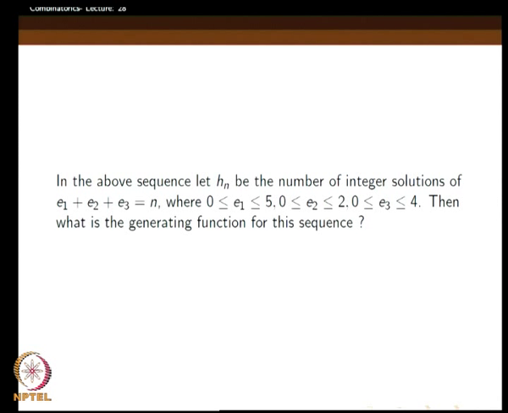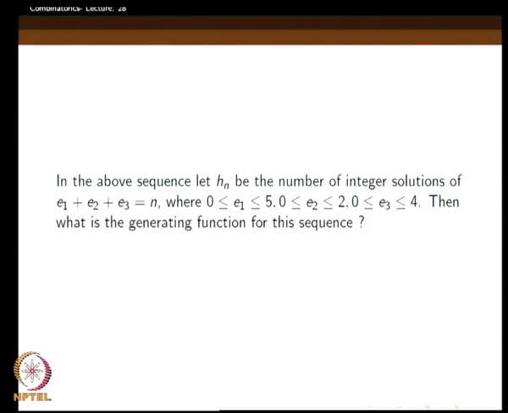That means E1 can take only 0, 1, 2, 3, 4 or 5, only 6 possible values. Similarly, E2 can take only values 0, 1 or 2, between 0 and 2. Similarly, E3 can take only values 0, 1, 2, 3 or 4, between 0 and 4.